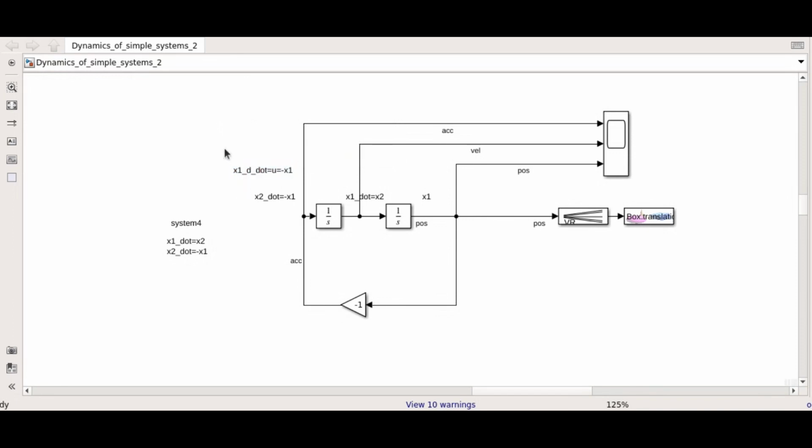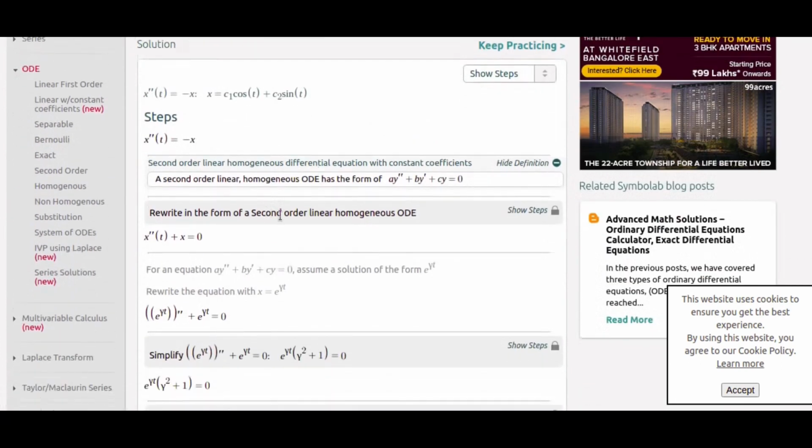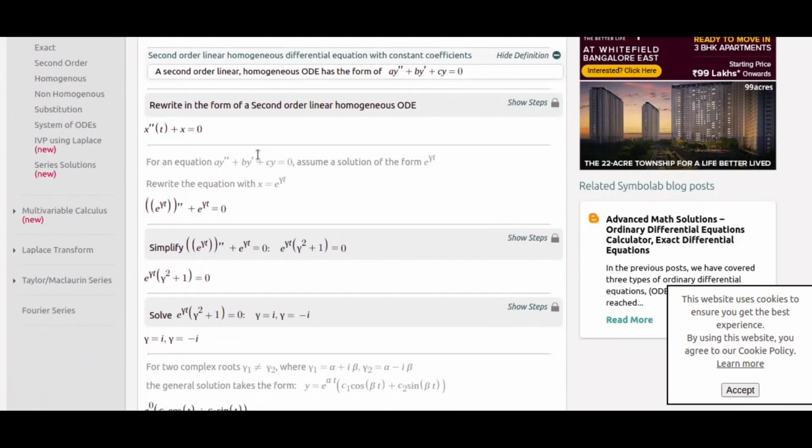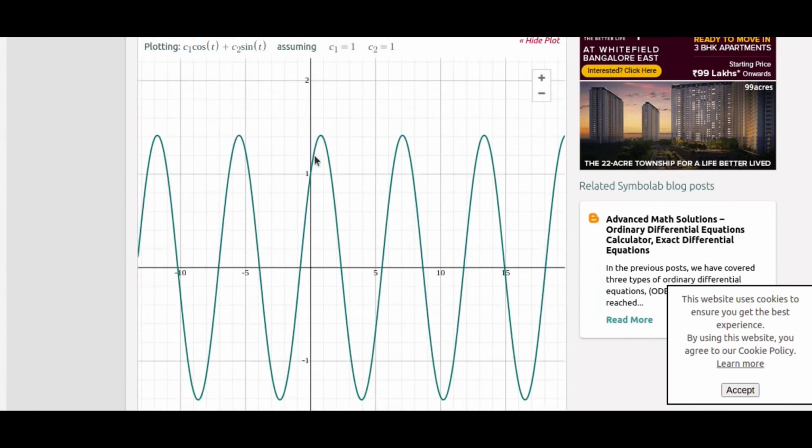If you solve this, the solution will be c1 cos t plus c2 sin t. x1 of t equal to c1 cos t plus c2 sin t. It is already sinusoidal. If you integrate it, it will again be sinusoidal. That is another way to see.